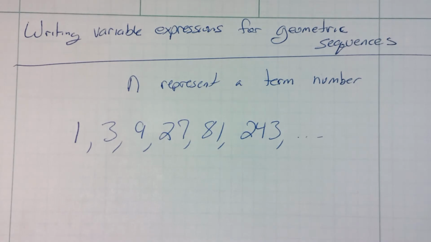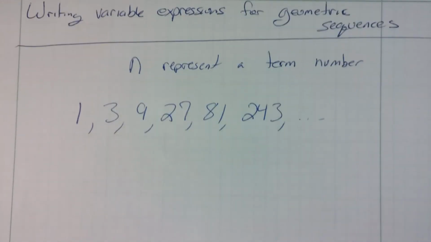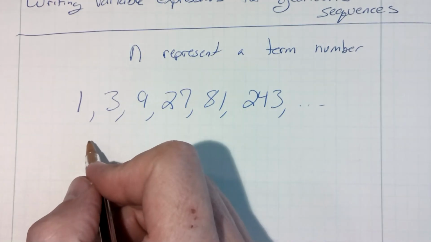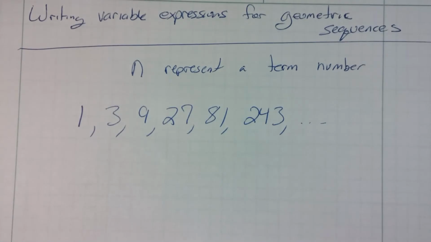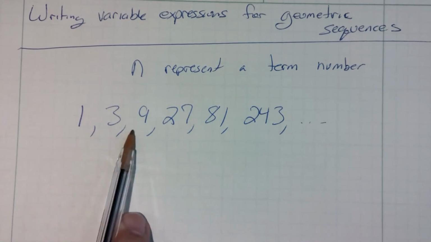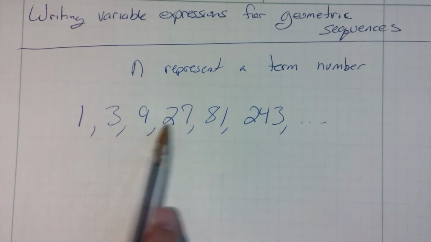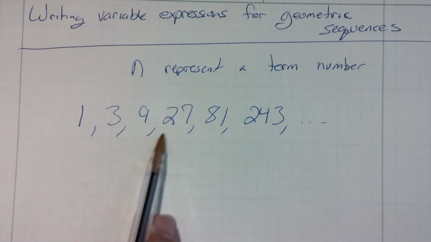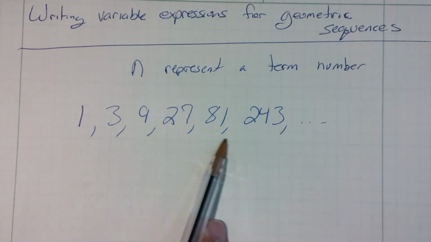Hopefully you can all easily see that what we're doing is multiplying by 3. The way I try to remember how to write a geometric sequence is that I'm multiplying by 3 repetitively over and over again. I multiply by 3 here, I multiply by 3 again, and again, and again.